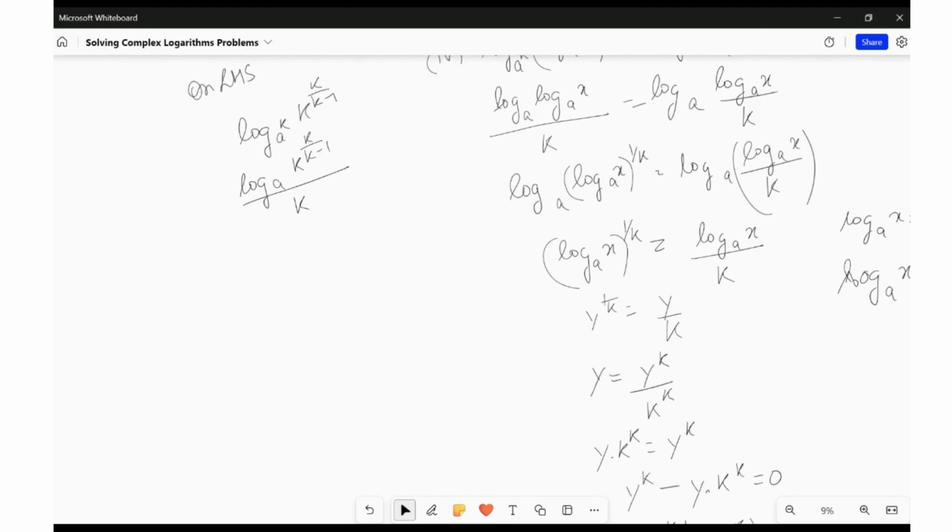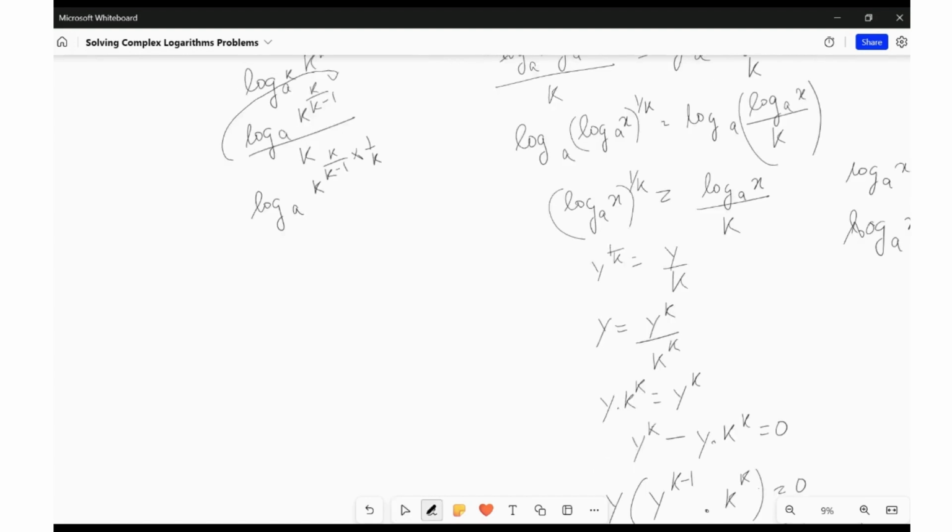Now we'll raise it to 1 by k on the k of the base of the log. So log k raised to k by k minus 1 into 1 by k. We just used this k as the coefficient and took it here and multiplied it, okay, to the base a.